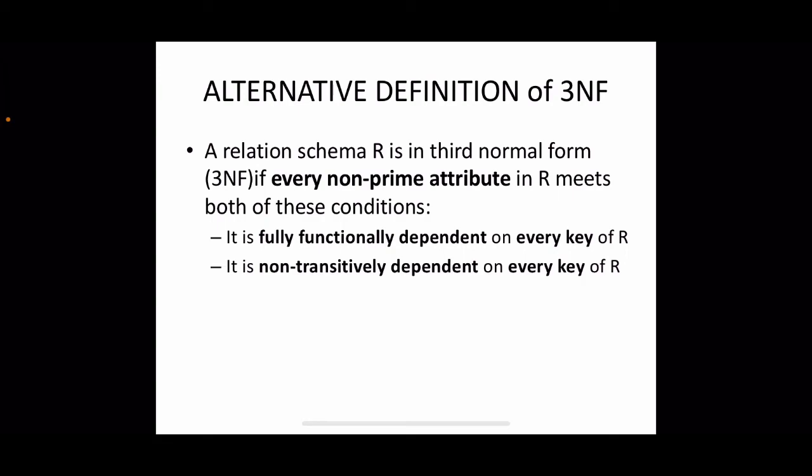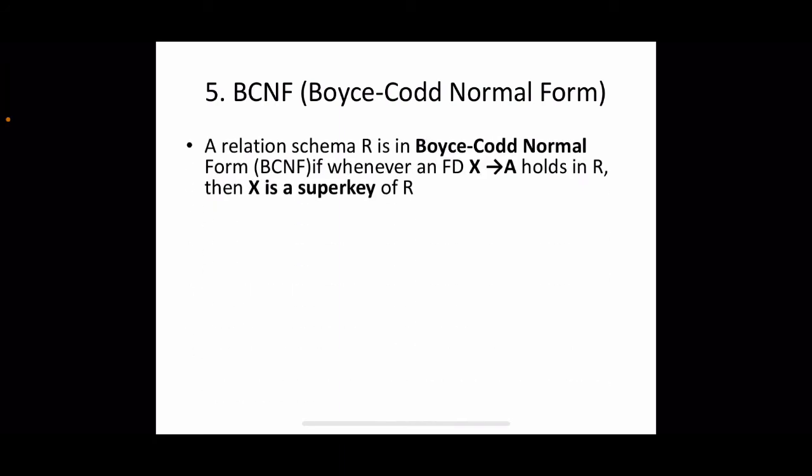Next one is Boyce-Codd normal form, introduced by Boyce and Codd, BCNF in short. We can say that the relational schema R is in Boyce-Codd normal form if whenever a functional dependency X to A holds in R, then X is a super key of R. So we remove the second condition of the third normal form.